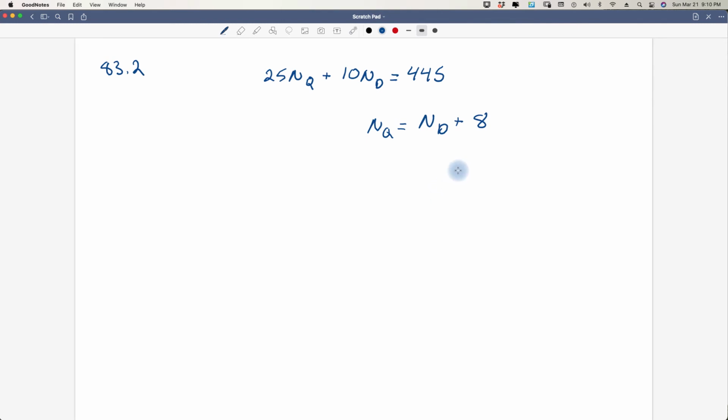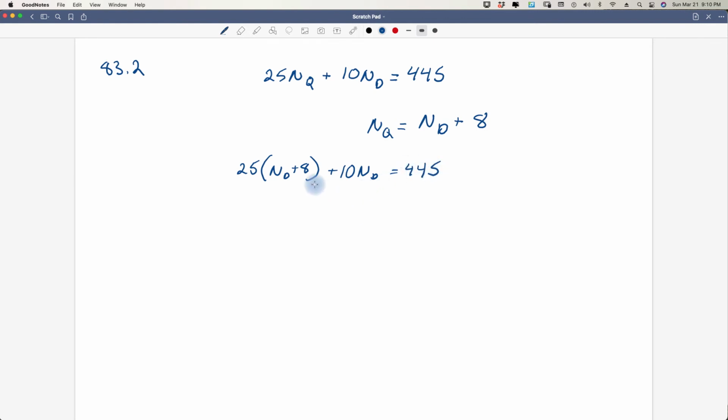We could solve it with either method, but I think that substitution is going to be faster because it's already set up, solved for the number of quarters. So we can just sub in 25 times the number of dimes plus 8, plus 10 times the number of dimes equals 445.